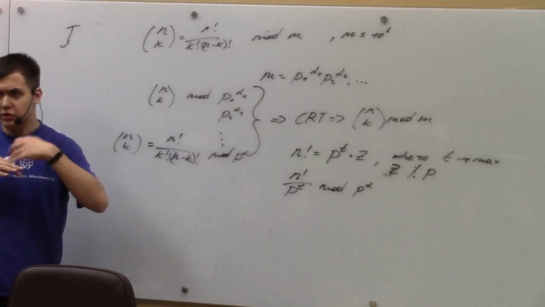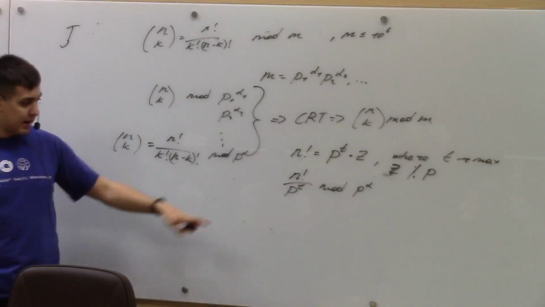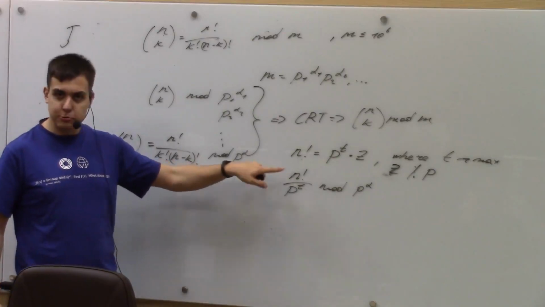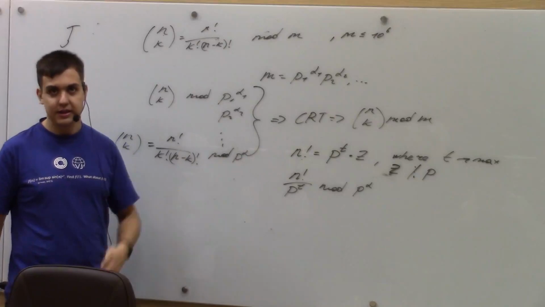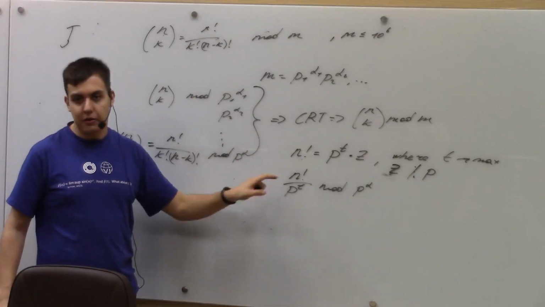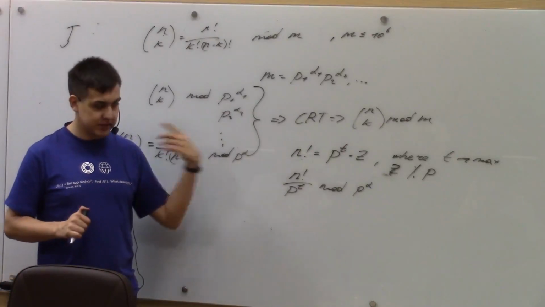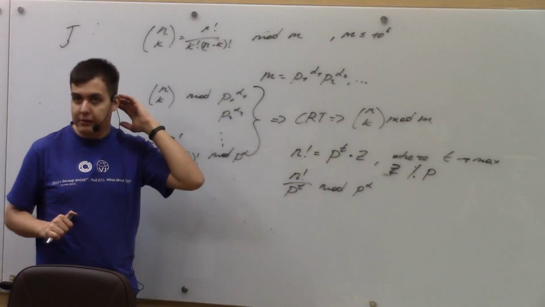So basically, I throw away all the factors of p. I throw away 1p, 2p, 3p, p squared from this n factorial, and I would like to find the value of this product modulo p to the alpha.